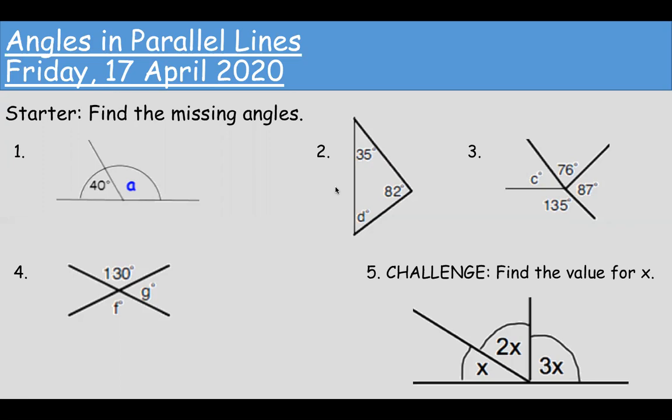Okay, how did you get it? I add the 100, I add 35 and 82. Then the sum of both of the angles is minus 180. Okay, why 180? Because total sum of angles in a triangle is 180. So what do you get? 63. Okay, very good.